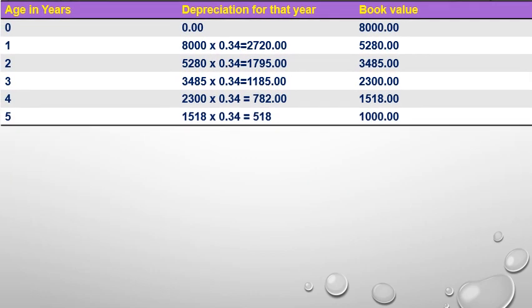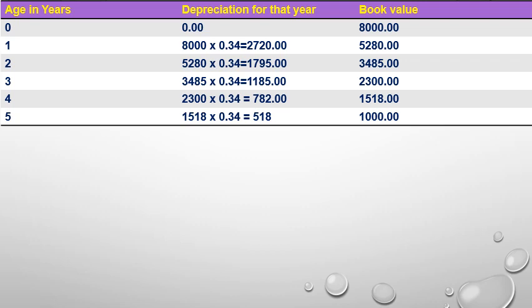This table shows that at the start, the book value is 8,000. First year depreciation will be 8,000 into 0.34, this constant percentage, which equals 2720.00. Now the book value is 8,000 minus 2720, which comes out to be 5280.00.